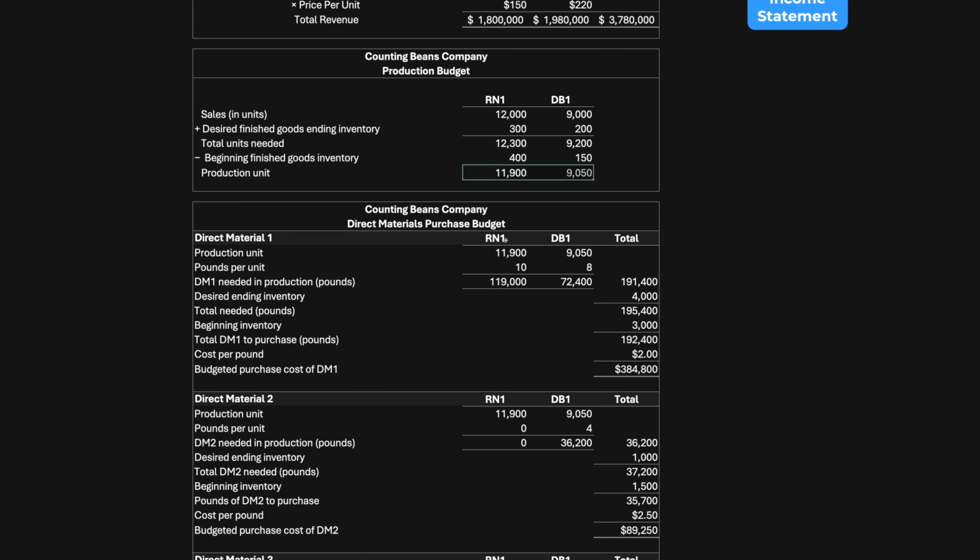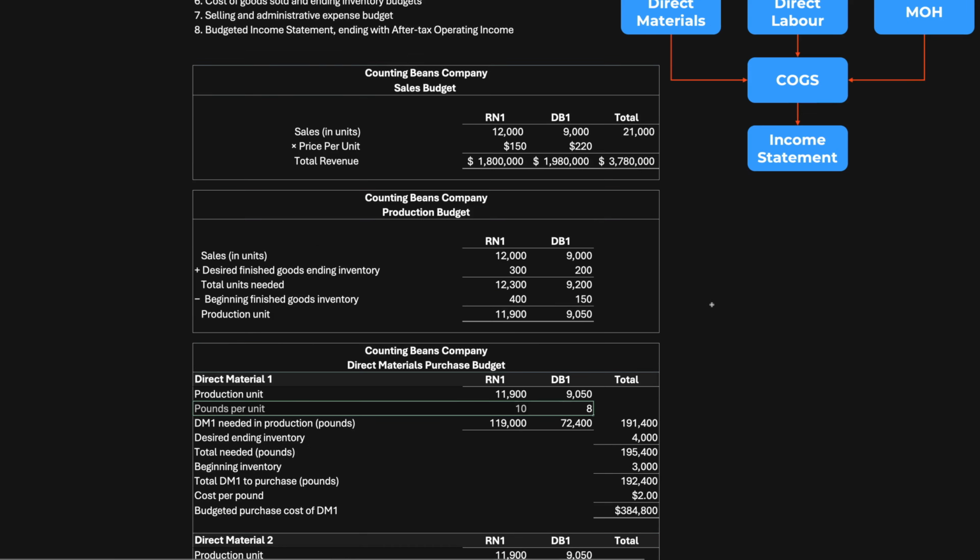And then we multiply that by the number of pounds required to make an RN1 or a DB1. This is 10 pounds and 8 pounds for the first type of specialty bean, direct material 1. Again, if you cannot remember where the pounds per unit comes from, I'll scroll back to the top.